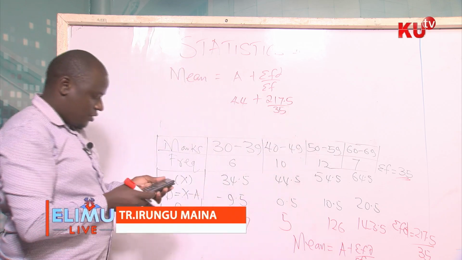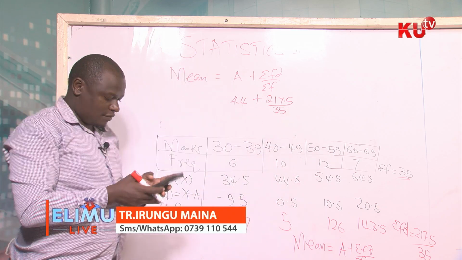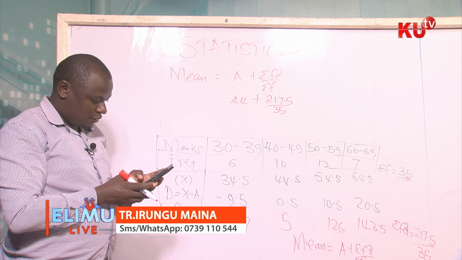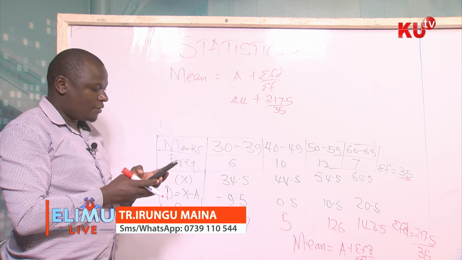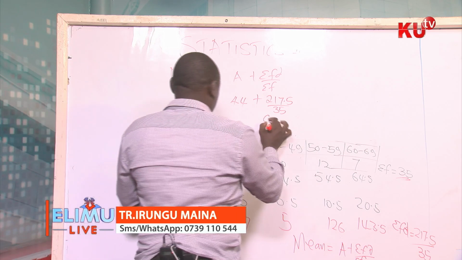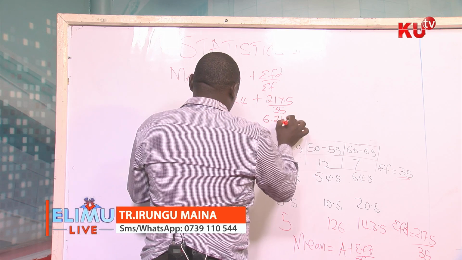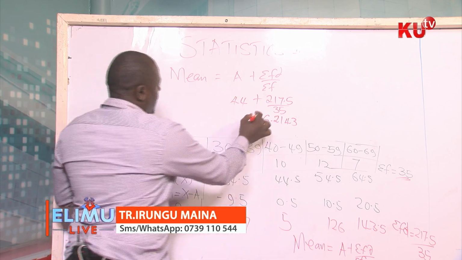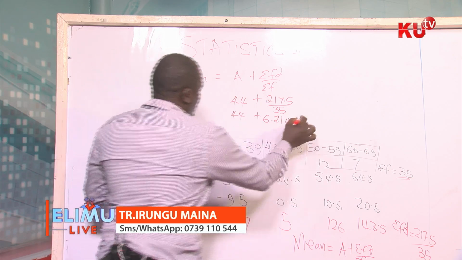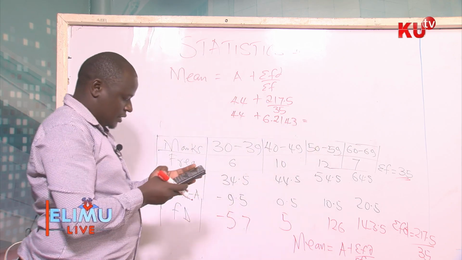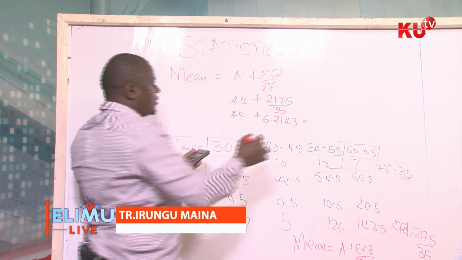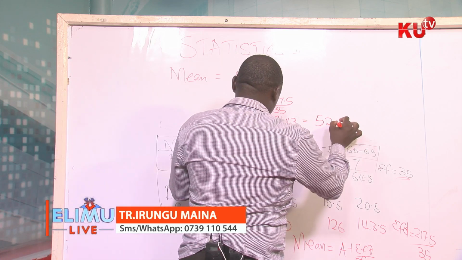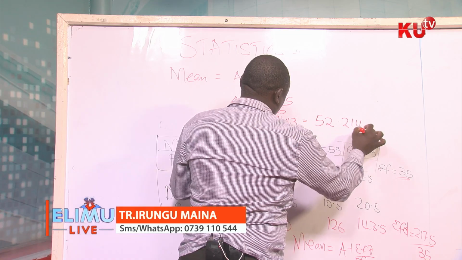What do we end up with? This section gives us 217.5 divided by 35. That is 6.2143 plus 44. This gives you what? Plus 44. That gives you a mean of 52.214.